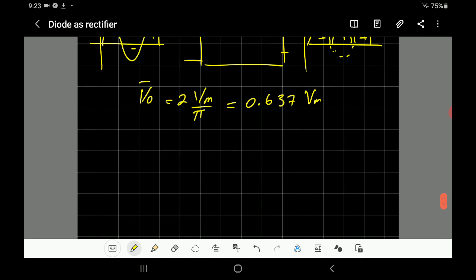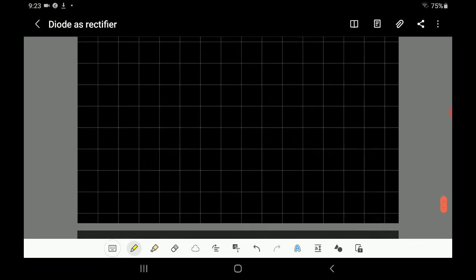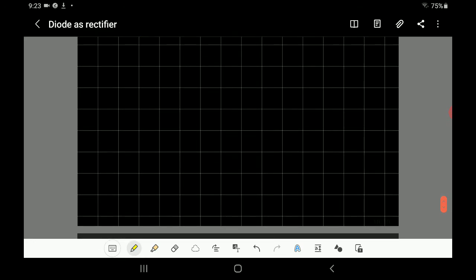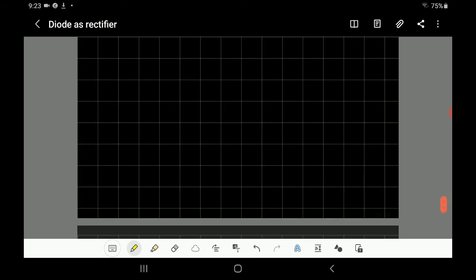How do you do the full-wave rectifier? There are two ways: something called a center tap transformer, and one called the bridge. I will go for the bridge, and I will do it in a simple way. Let's say you have the source here, alternating between positive and negative.